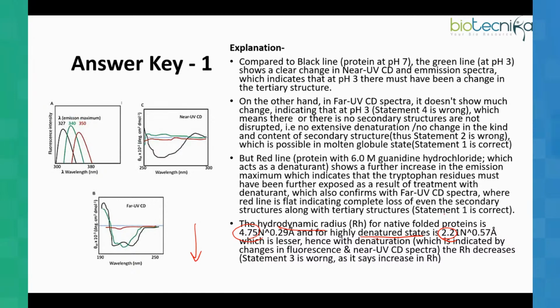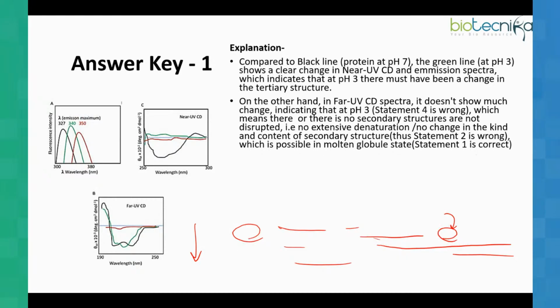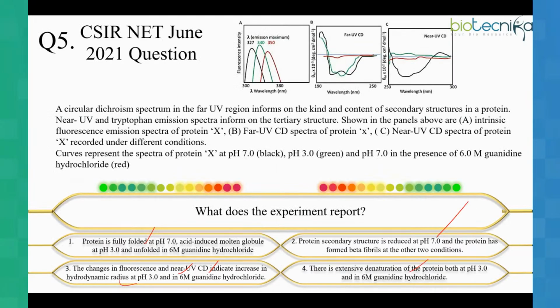So basically, the radius will decrease. Hence, with denaturation, you can expect the hydrodynamic radius to be decreased. But since statement 3 says it is getting increased, statement 3 is also wrong. So option 1 is the right answer.